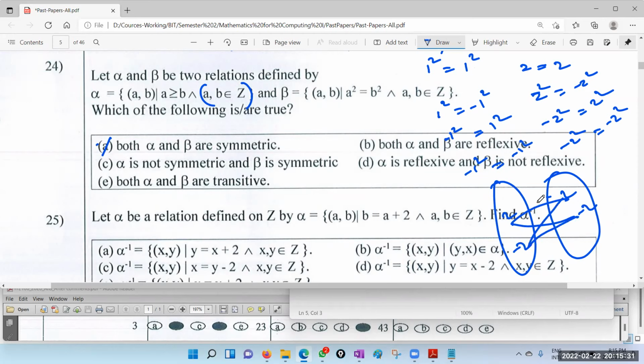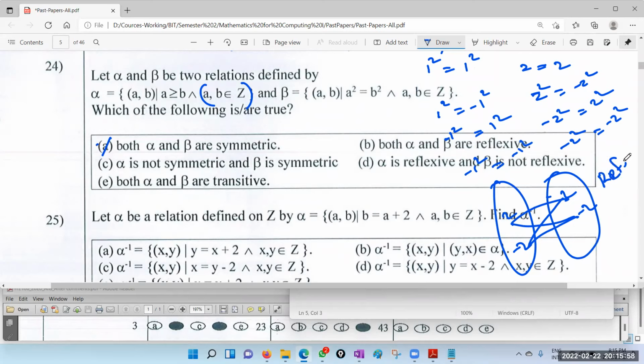Minus 2, 2 is there, because then a squared equals b squared. Similarly, we will have 3, 3, 3, minus 3, minus 3, 3, minus 3, minus 3. So this is definitely reflexive. 2 to 2 is there, minus 2 to minus 2 is there, 3 to 3 is there, minus 3 to minus 3 is there. So therefore this is reflexive.